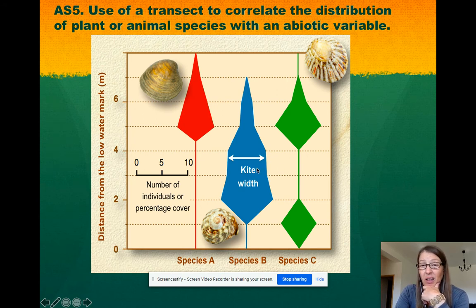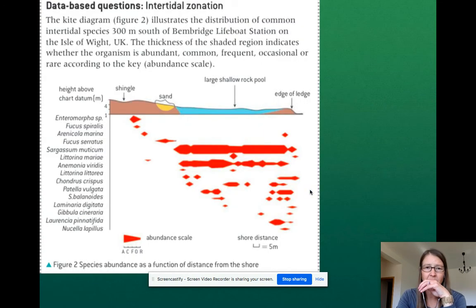I'm hoping you're thinking, oh, maybe there's some competition here, and species B is using some of the same resources, so species C is not as good of a competitor. We're going to look at this in more detail in our next class when we start looking at competition and the exclusion principle.